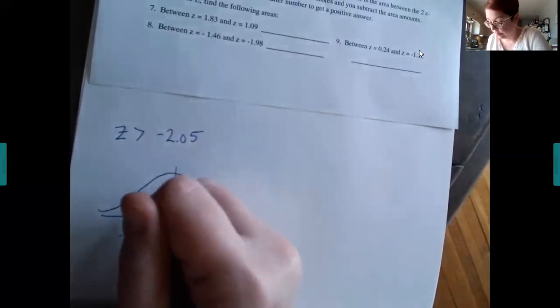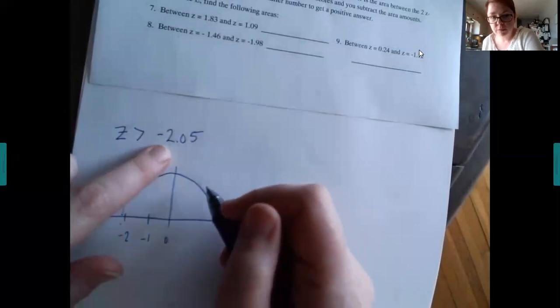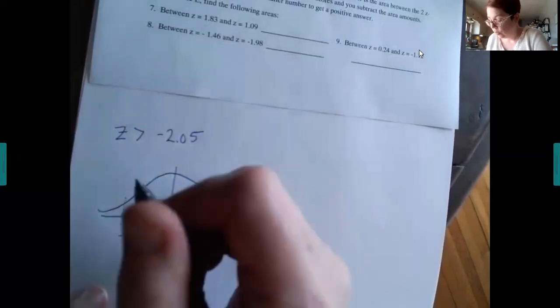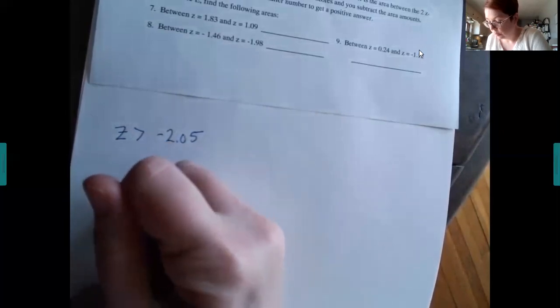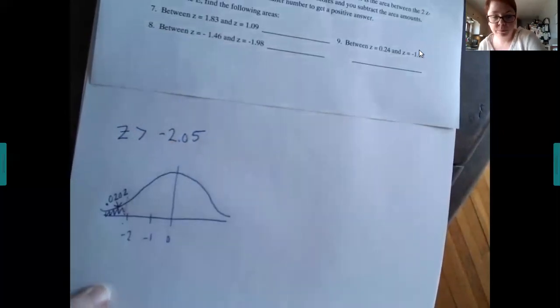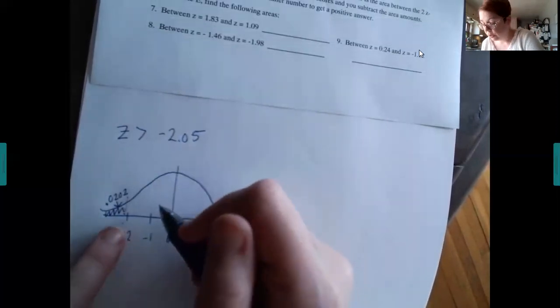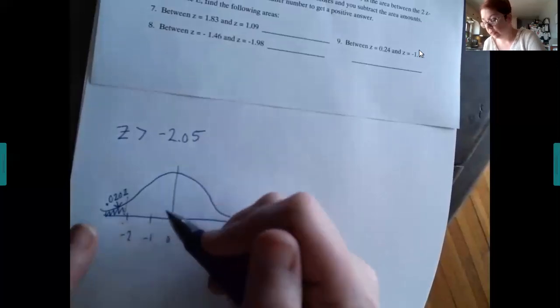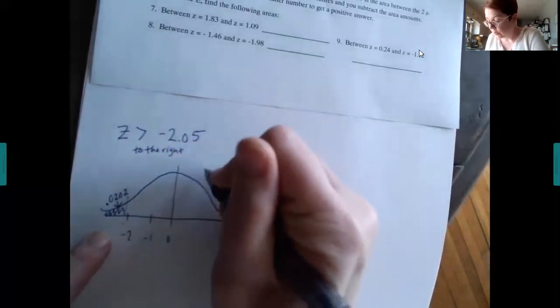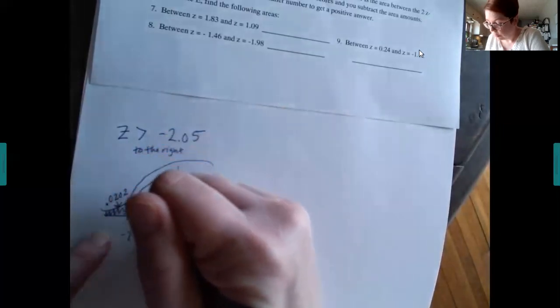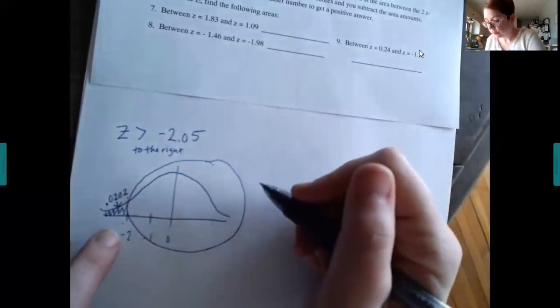Right there, or about right there. So when we looked up negative 2.05 in Table E, we got 0.0202. That's that area right there, or that probability. So if it was to the left, that would be our answer, but it's not to the left, it's greater than, so that means to the right. So that means we need to get all of this as the answer.